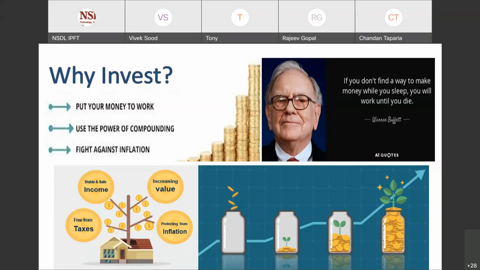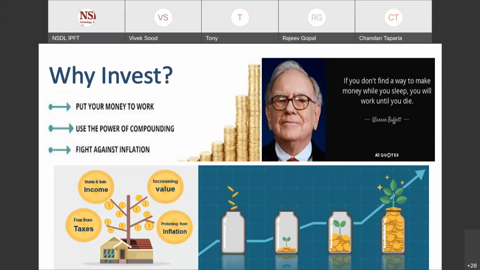If I put it in a nutshell, investment is all about this: I'm working, and I want my money to work for me. I cannot work alone because I have only 24 hours in a day. So my savings and I work together, and comparatively we make more money.